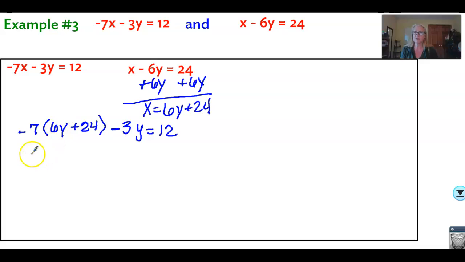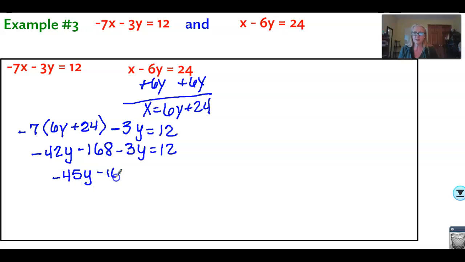Negative 7 times 6 is negative 42y. Negative 7 times 24, I've got that figured out here, is negative 168 minus 3y equals 12. If I combine negative 42y and negative 3y, I'll get negative 45y minus 168 equals 12.